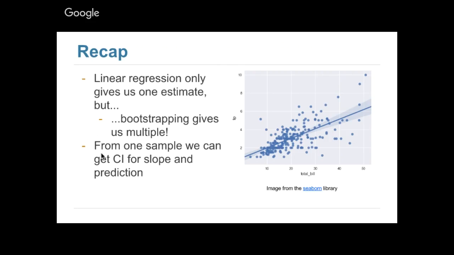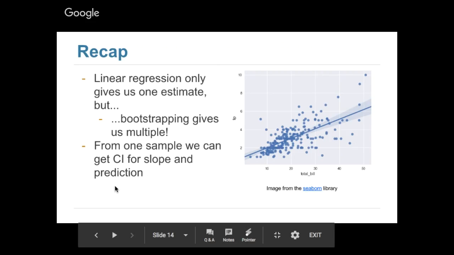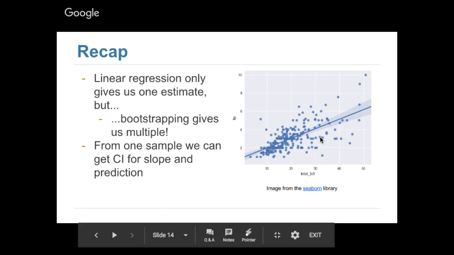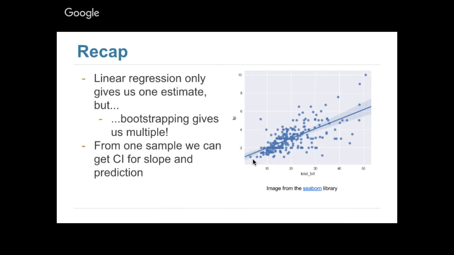Using the bootstrap, we can take a single sample and draw a confidence interval for both the slope and the prediction line. What I've included here is an image from a popular plotting library called Seaborn. If you take Data 100, you'll learn about Seaborn and how to use it. Some plotting libraries, especially statistical ones, come with this sort of bootstrapping behavior built in.